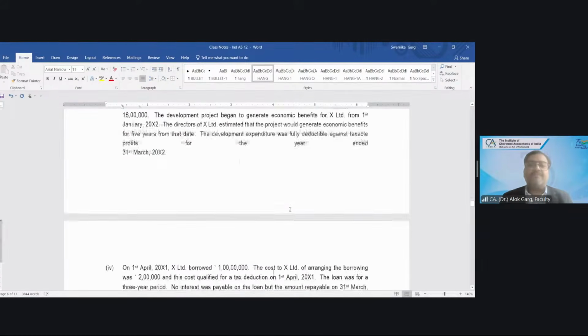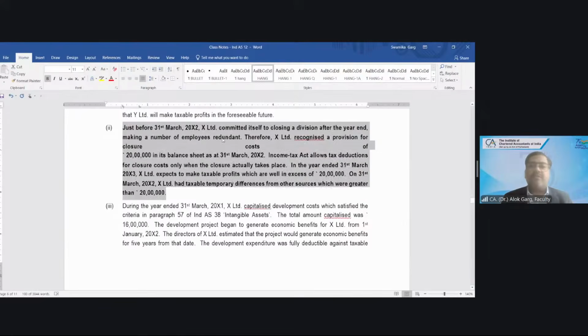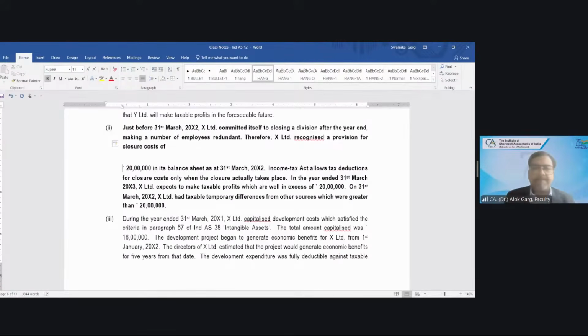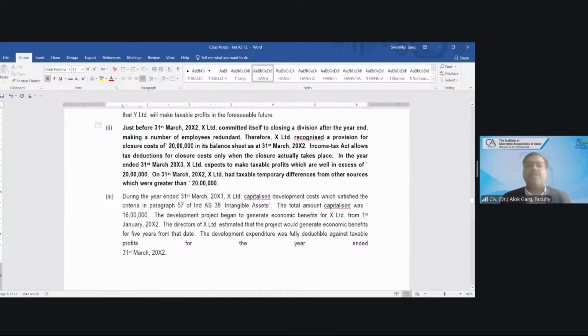Question number 2. Just before 31st March, means just before the closing of the year, X Limited committed itself to closing a division after the year end, making a number of employees redundant.